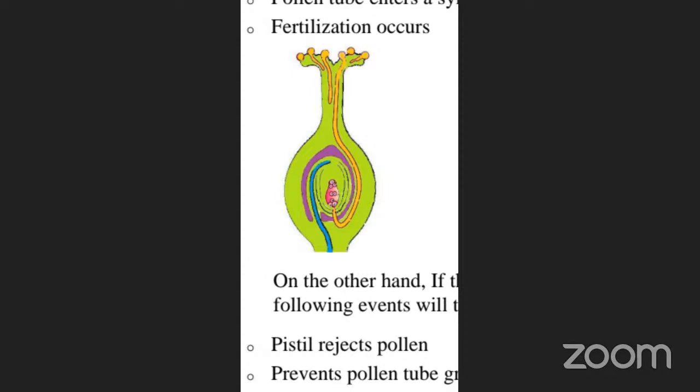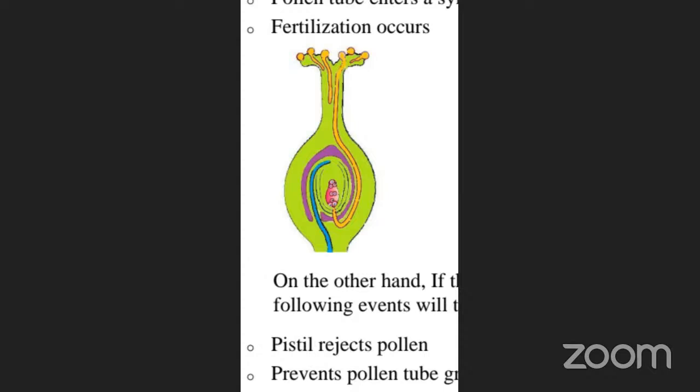The pollen tube enters the ovule. Then the tube end completely bursts or degenerates by the formation of an apical pore. Then two male gametes are released. One male gamete fuses with the egg. That is fertilization or syngamy.